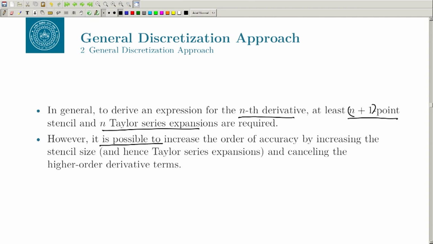However, it is possible to increase the order of accuracy by increasing the stencil size, right. So, right now what we have done, we have taken I plus 1 and I minus 1 to get the derivative del F by del x at I, right, but nothing stops you from considering I plus 2 and I minus 2 also.